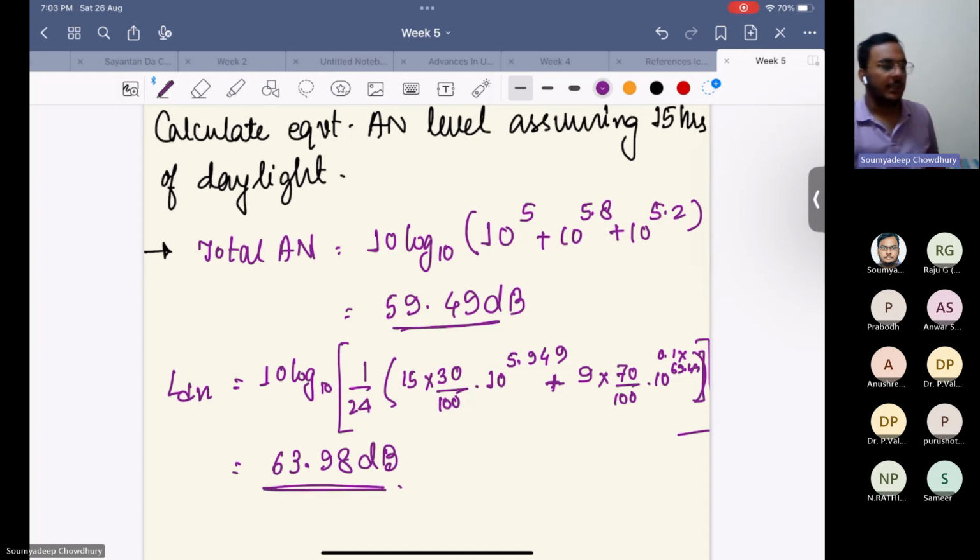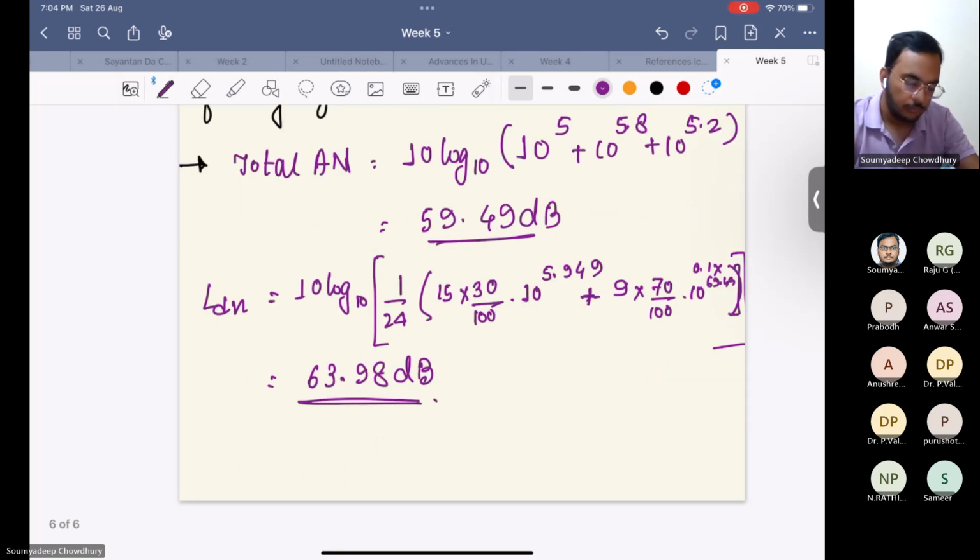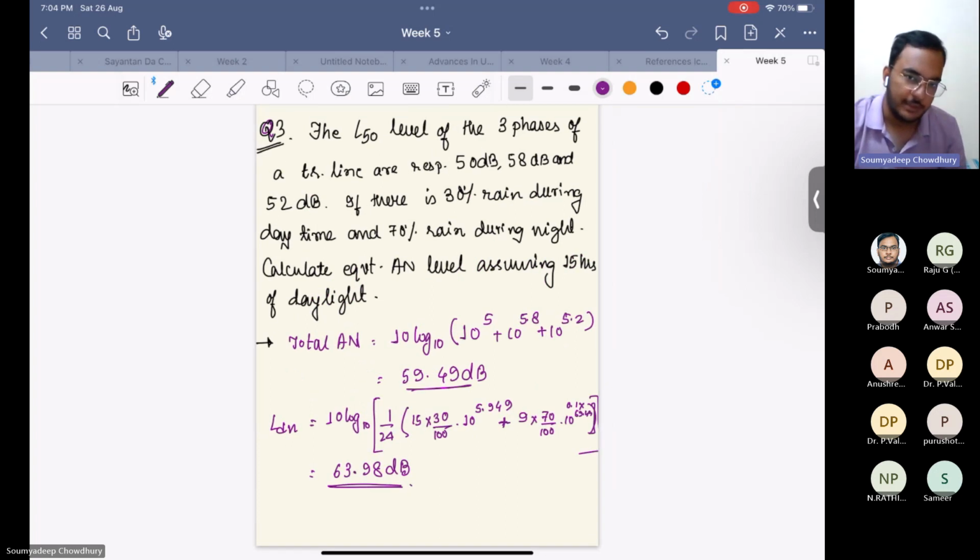Can you find this equivalent LDN in SPL, that is in pascals? Everyone, you are getting this, right? What is this equivalent LDN in pascals?